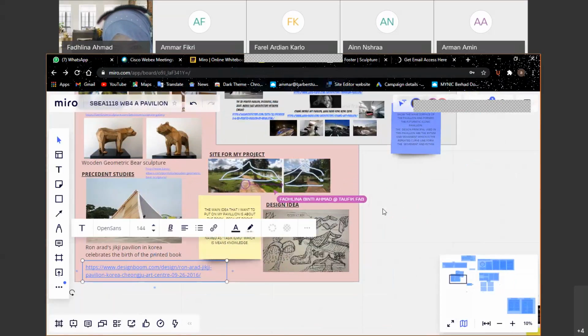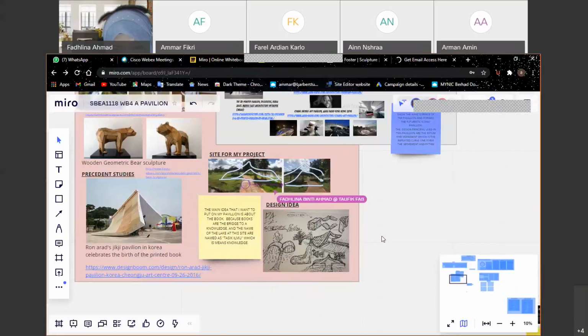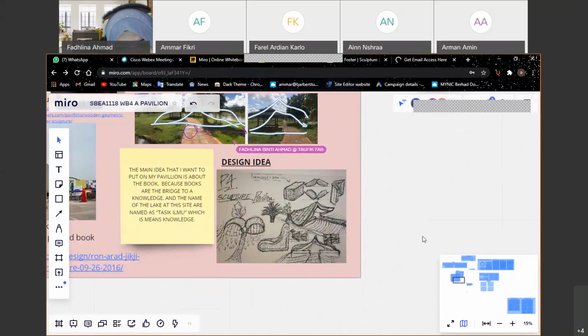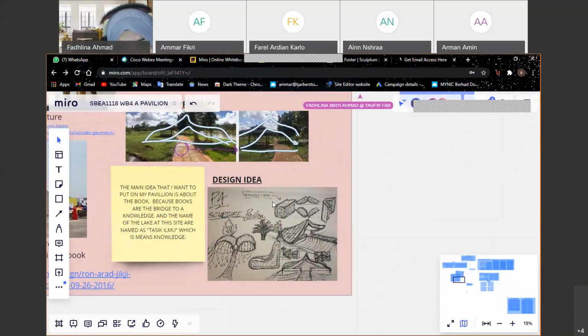And then for my project, I think I want to make my pavilion between this tree and in front of this mockup. This is my design idea, which I take from a book, which means knowledge from a book.